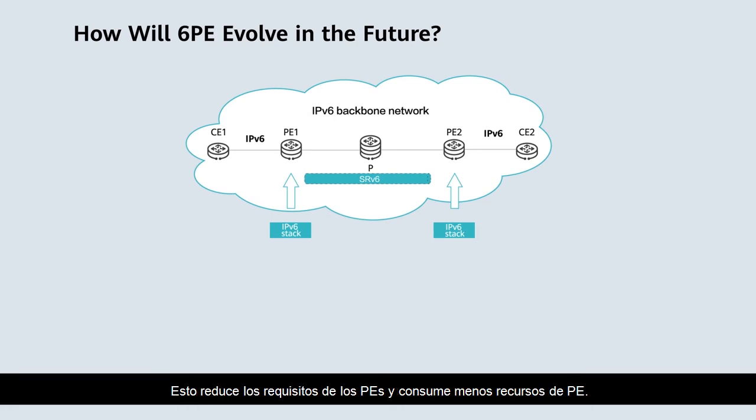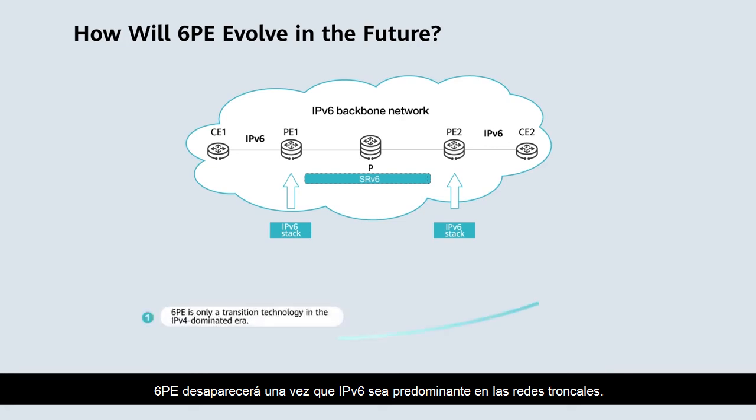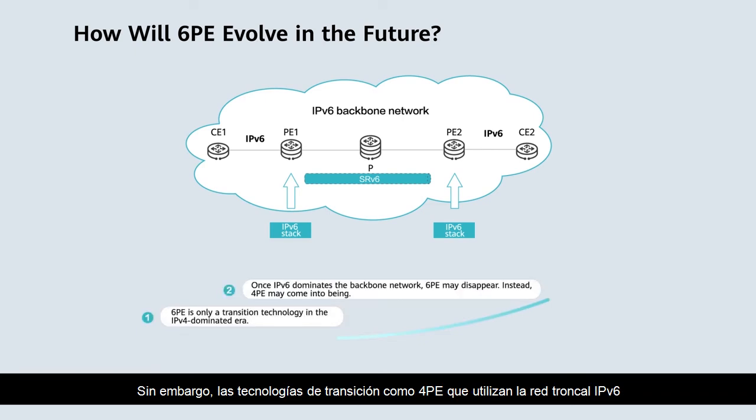This lowers requirements on PEs and consumes fewer PE resources. 6PE will disappear once IPv6 becomes prevalent on backbone networks. However, transition technologies such as 4PE that use the IPv6 backbone network to connect IPv4 islands may emerge in the future. It's difficult to say what will eventually happen.